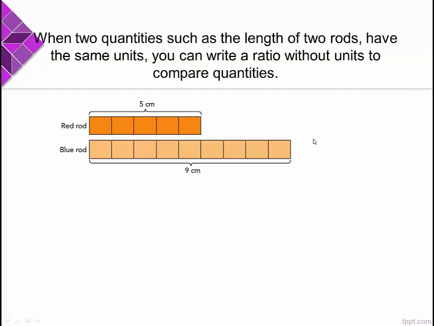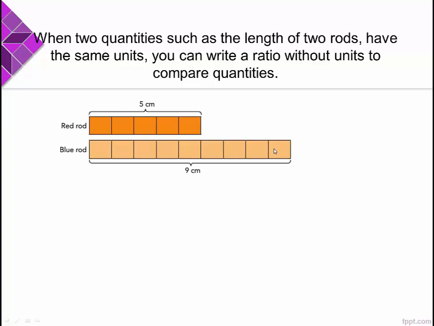When two quantities, such as the lengths of 2 rods, have the same units, you can write a ratio without units to compare the quantities. Here we have a red rod of 5 centimeters, and we have a blue rod which is 9 centimeters.